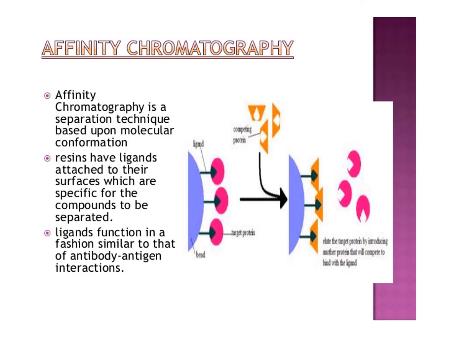So the final main liquid chromatography is called affinity chromatography, and it's a separation based on some type of conformation. Resins can have ligands attached on their surface that can be very specific for certain compounds.